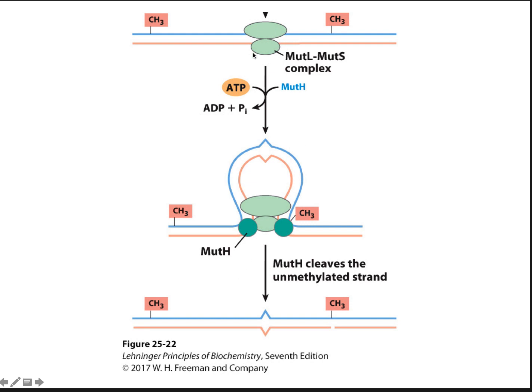And the next step, so here we see the MutL, MutS complex is formed. Now MutH comes in and binds at that complex, and the DNA is threaded through. And so it proceeds bidirectionally.